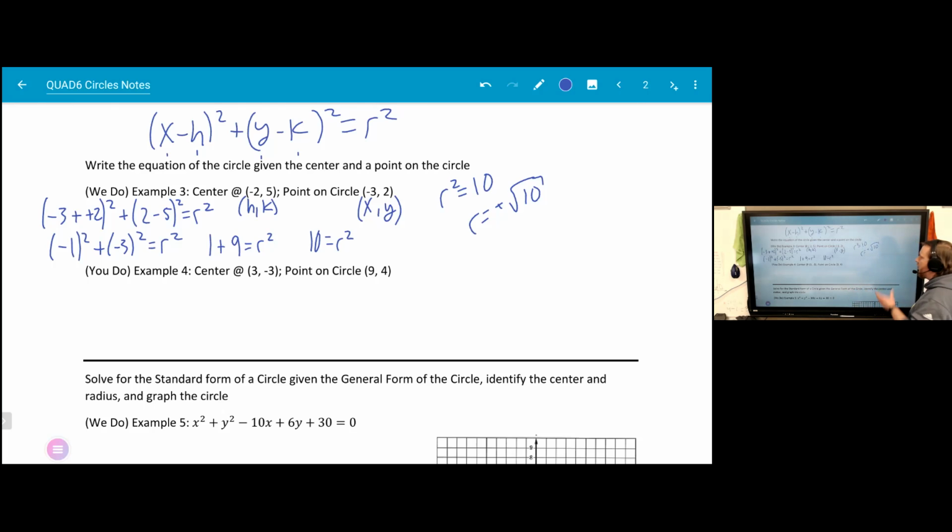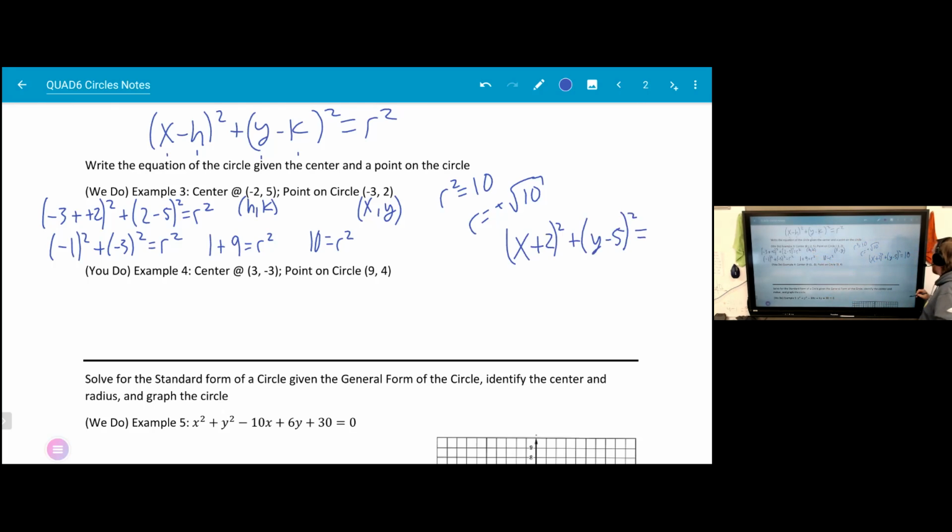Okay, so if I'm writing the equation, I'm going to go back and just give the general X and Y, keep my center in there, and then give my R squared. In other words, I'm going to end up with X minus H, which was -2, so X plus 2 squared, plus Y minus K, Y minus 5 squared equals R squared, which was 10.